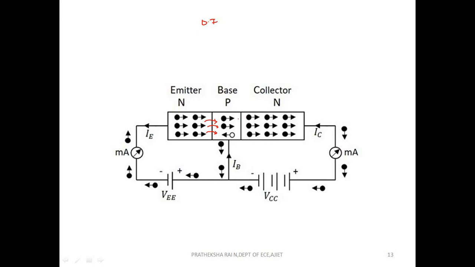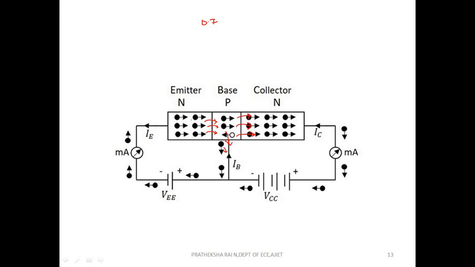Now what about the remaining electrons? The remaining electrons will move towards the collector side. So a few of the electrons will combine with holes and get attracted towards the positive side, and the other electrons will move towards the collector side. Because of that we have three currents here. One current is moving from the emitter.